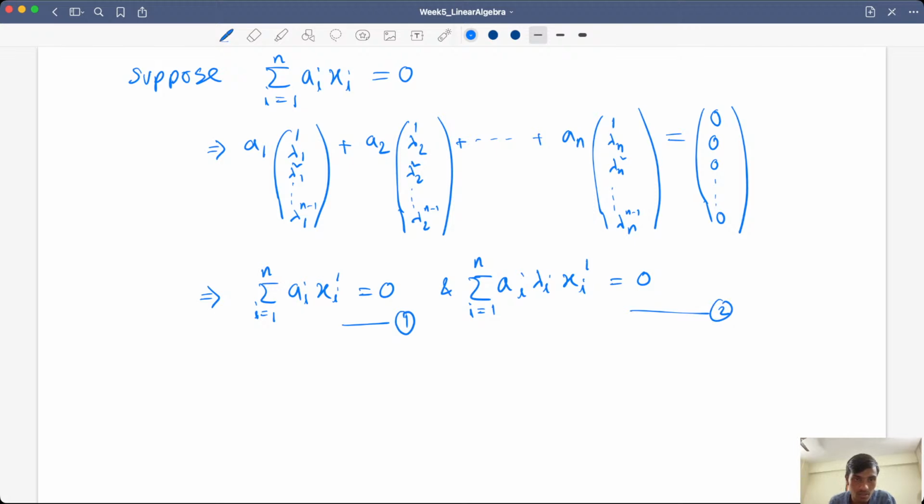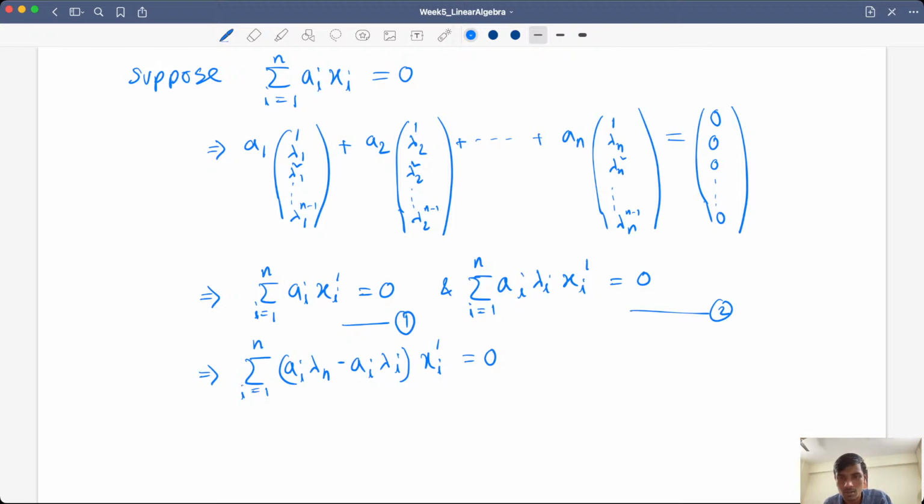Multiply the first equation by lambda n and subtract it from equation number 2. This is the sum of ai lambda n minus ai lambda i, into xi prime, equal to 0, for i equal to 1 to n.